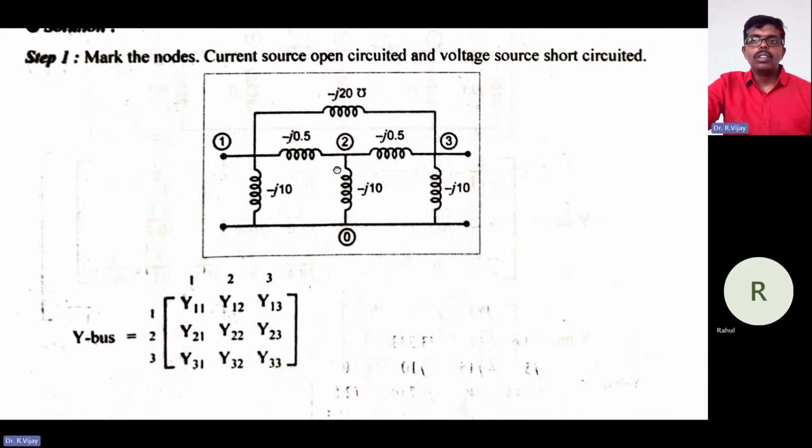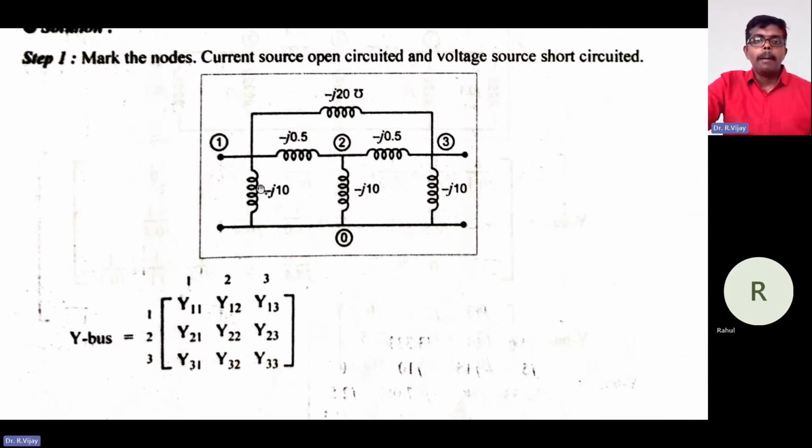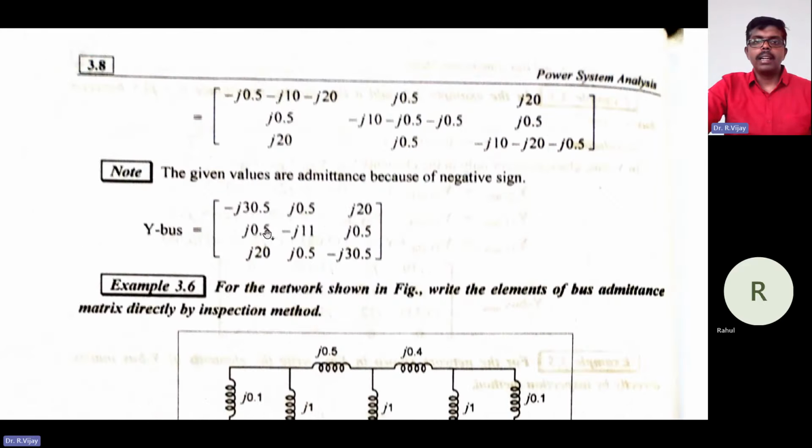So you can easily add: minus j into 10, minus j into 0.5, minus j into 20, like that. Three elements are connected to this particular node, Y1.